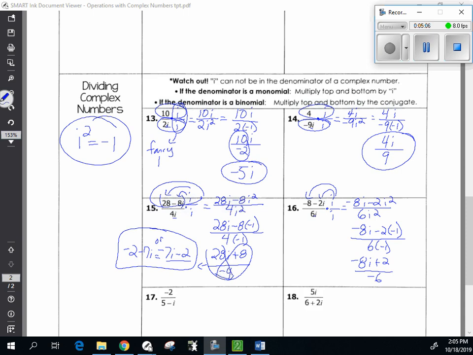I want you guys to take this, you might want to rewrite it, 2 minus 8i over negative 6. You can simplify it further, we'll get to that when we do polynomials, but this is all I want from you.